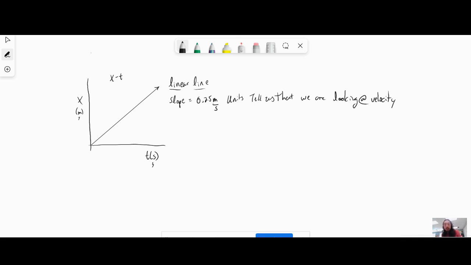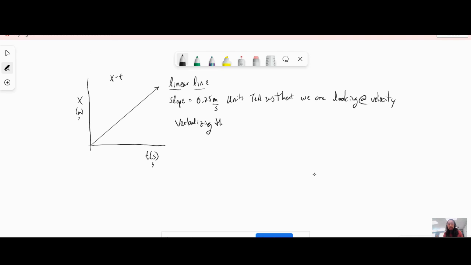Another thing that I want us to get used to is the idea of verbalizing the slope. If I were to verbalize this graph slope, I would say: the object started at the origin, and the object moved in the positive direction.